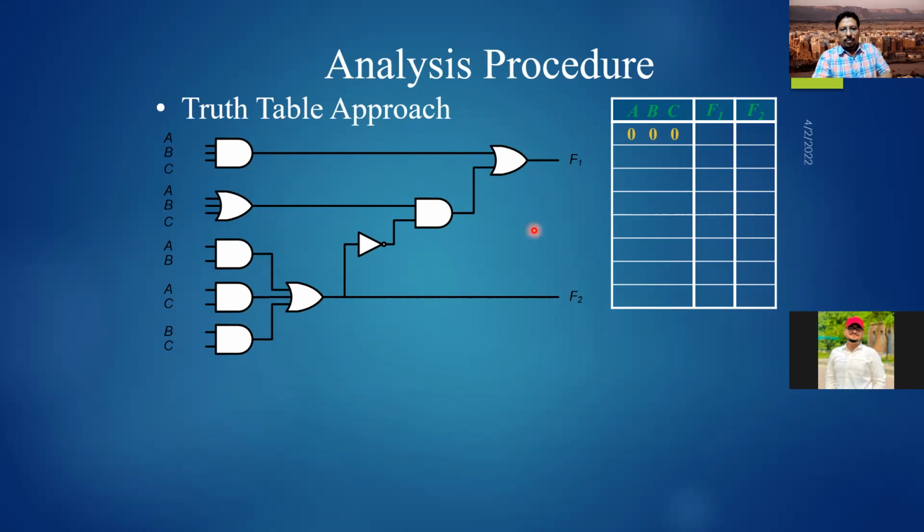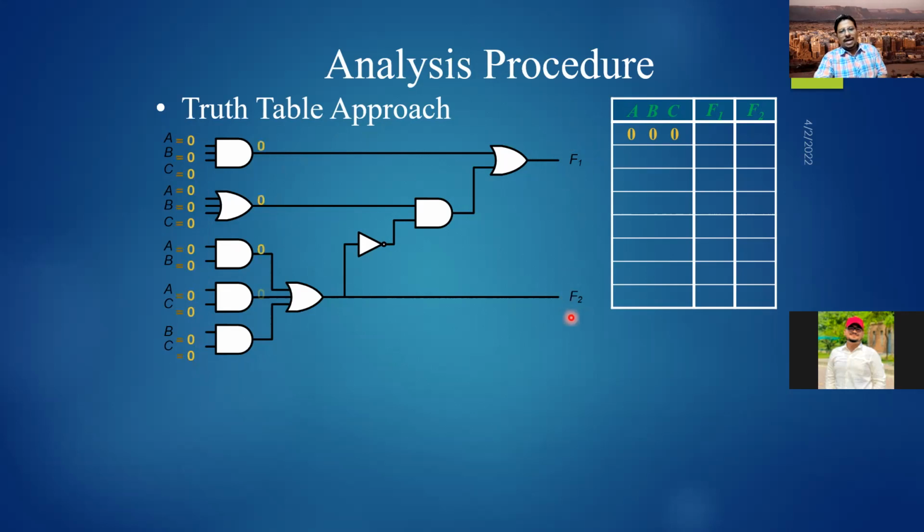So now we already designed these two and we have their results. Just imagine that I have, for example, all zeros at the inputs. What will be the result here? What will be the result here? What will be the result here? And what will be at the end the result of F1 and F2 as well?